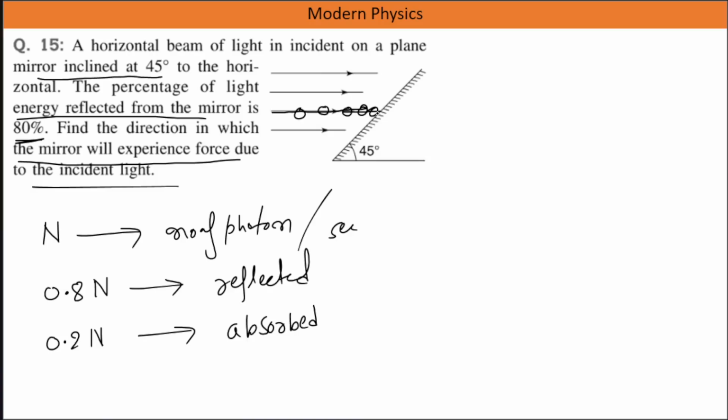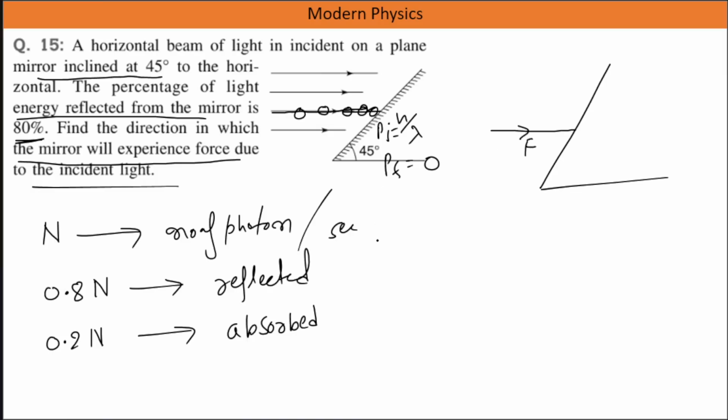So its initial momentum is along the direction of incident light, that is h by lambda, and final momentum will become 0. And just now we have discussed, in case of absorption, force will act onto the mirror in the direction of incident light. So because of this 0.2n number of photons striking per second getting absorbed, force on this mirror will act in this direction.